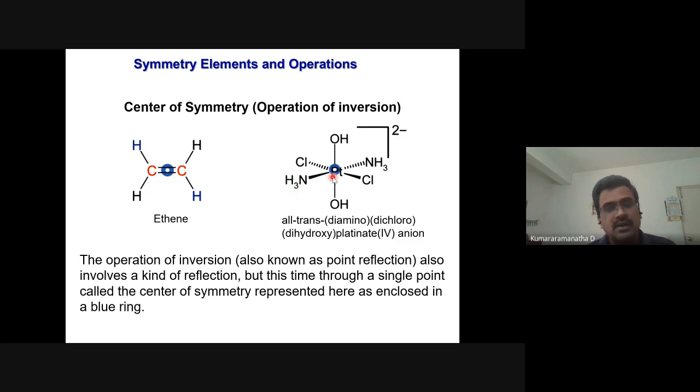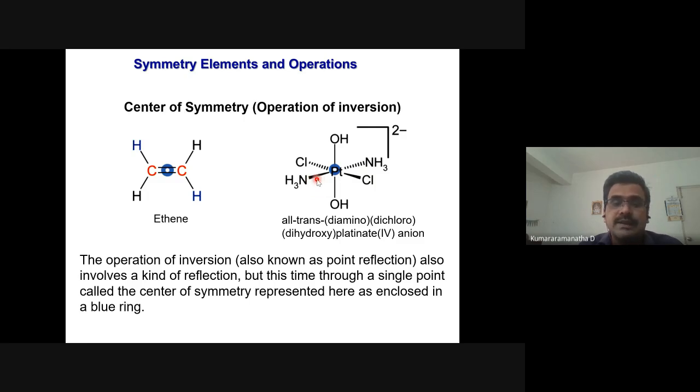Same way, you can see now this transition metal coordination complex. Chlorine is away from you, amine is away from you, and with the dark bond, chlorine and amine are towards you. It's a six-coordinate, octahedral kind of complex.